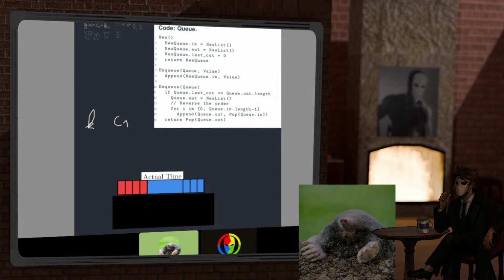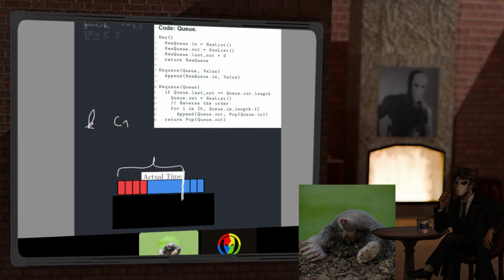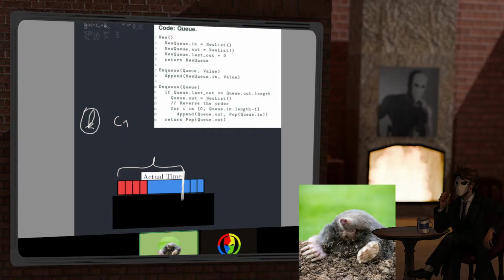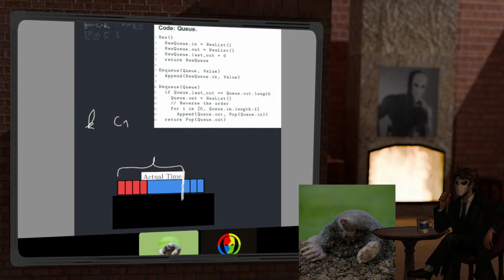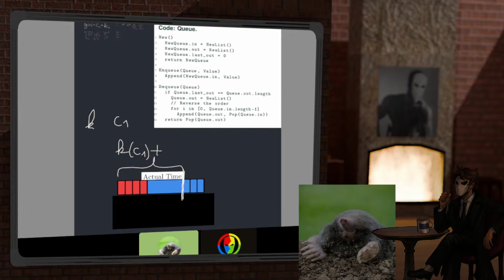Then, doing all this work, I'm going to stop at the big output. If we enqueue k values, that means that we are doing k times the enqueue function. So it's going to take the time of an enqueue function k times, plus this big time.